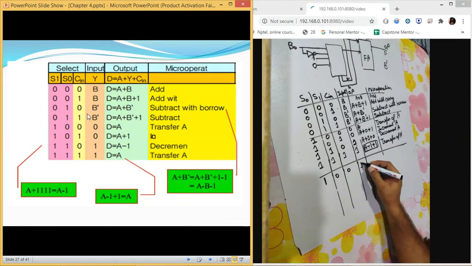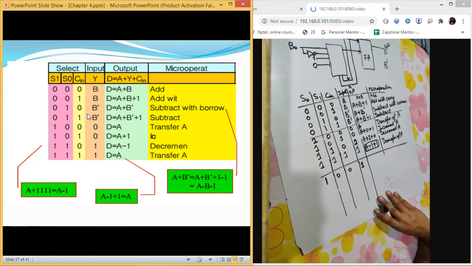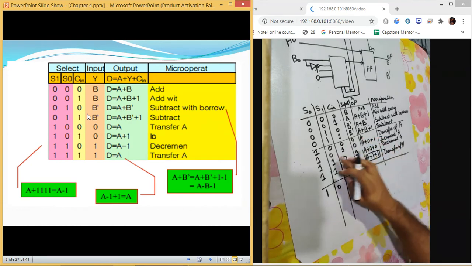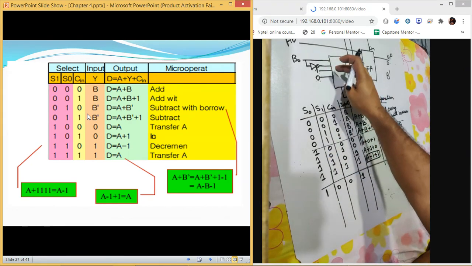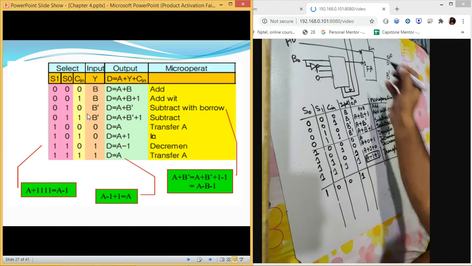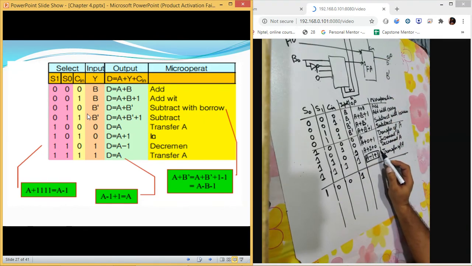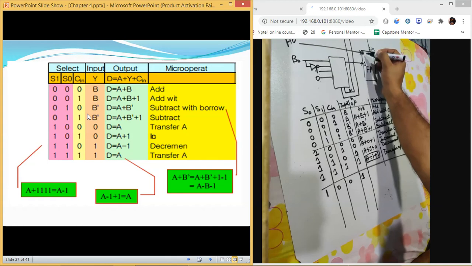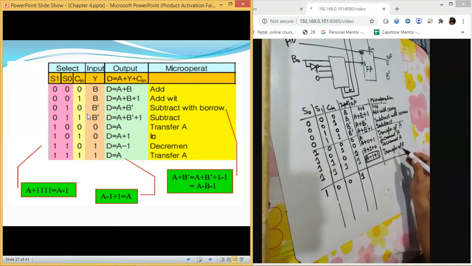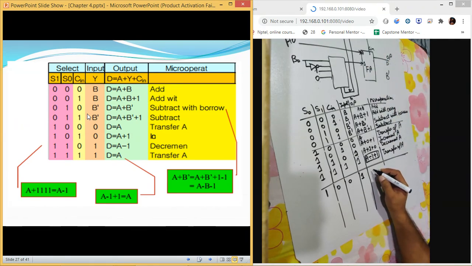So if it is 1 at this place, what will happen? 1 0 0, so 1 0 will be selected, means the third value will be selected from here. And what is that value? That is 1. So if this value is 1, this is A plus 1, this is carry. So the value of B is becoming 1, which means it is going to perform the function of A plus 1 plus 0.